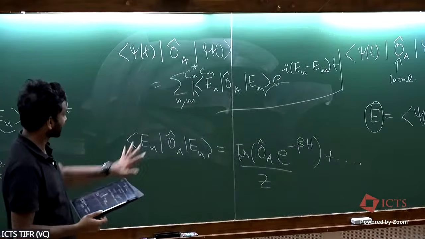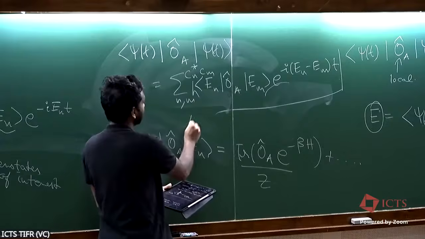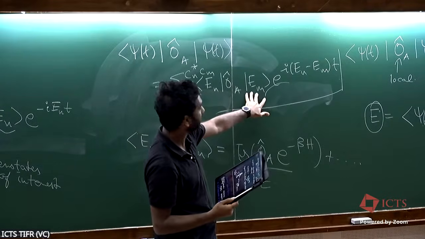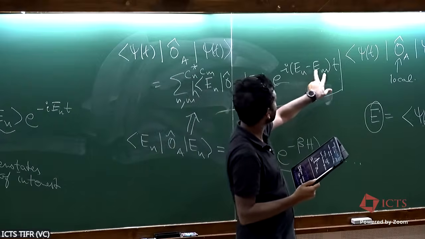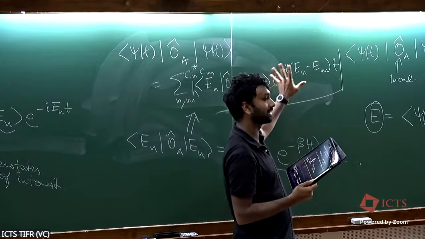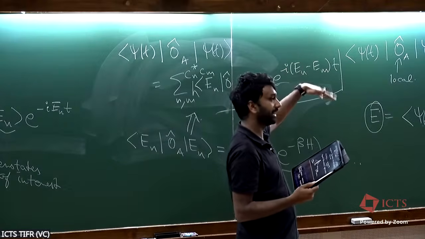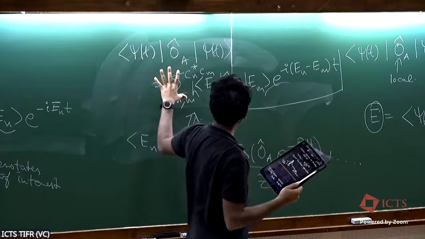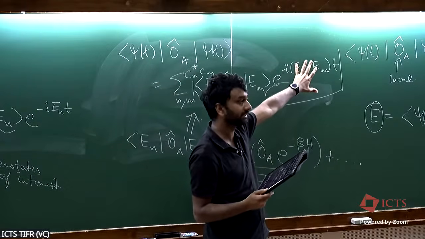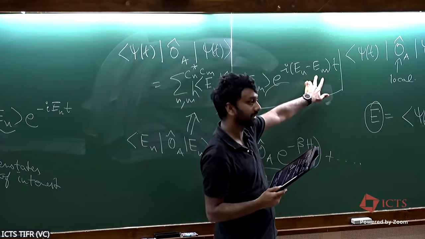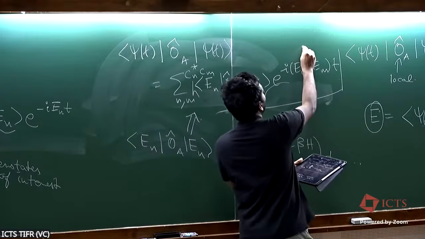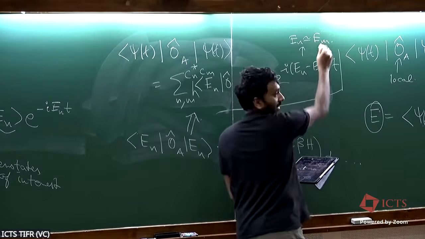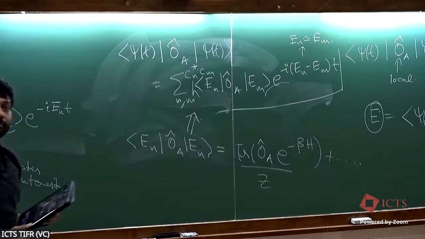So this kind of a condition would lead to this kind of a condition, because you see that if E_n and E_m are different, they appear with different phases here. So this is like a sum over phases of random signs. And if you look at the dominant contributions in this equation, these are only when E_n equals E_m.